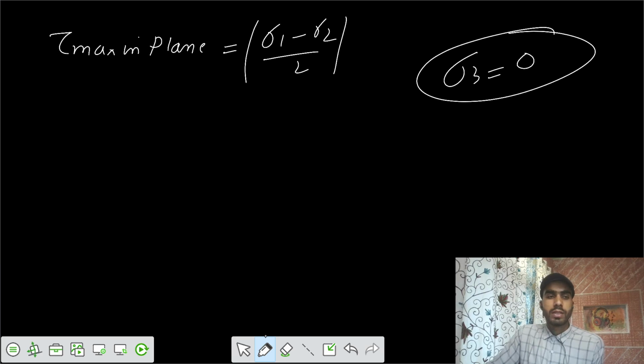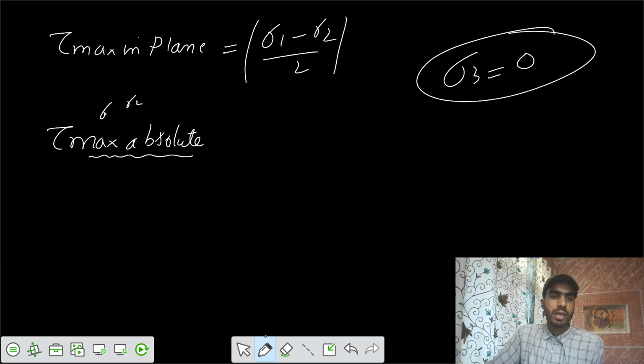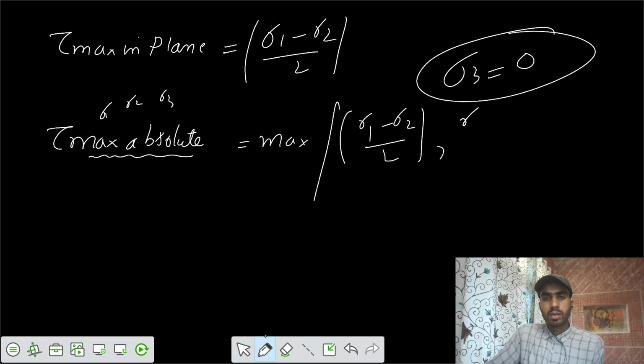If it says tau max absolute, that means out of sigma 1, sigma 2, sigma 3, take the maximum of sigma 1 minus sigma 2 by 2, sigma 1 minus sigma 3 by 2, and sigma 2 minus sigma 3 by 2.